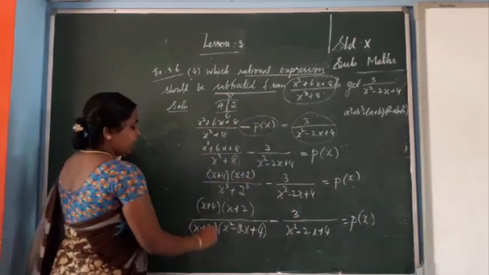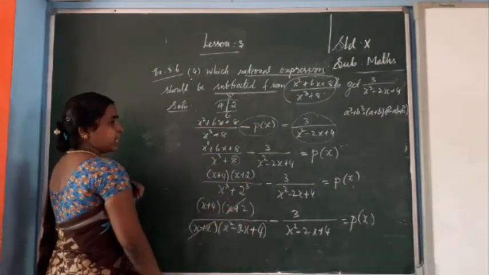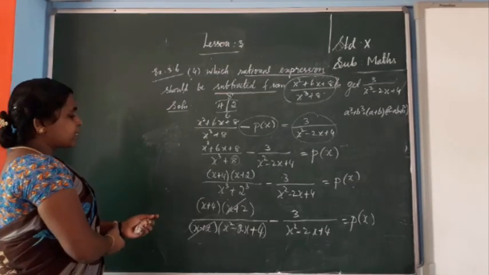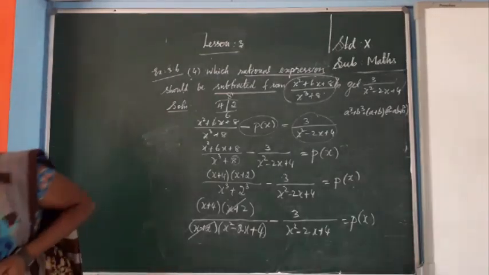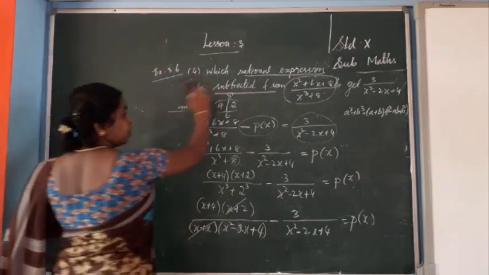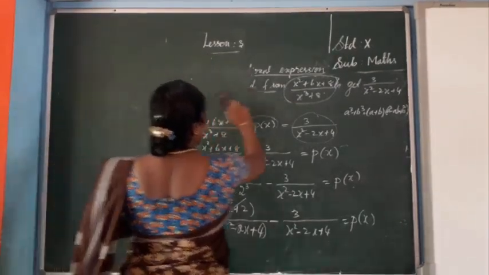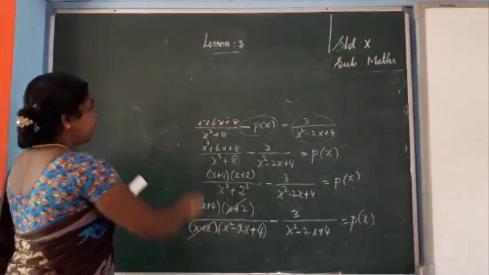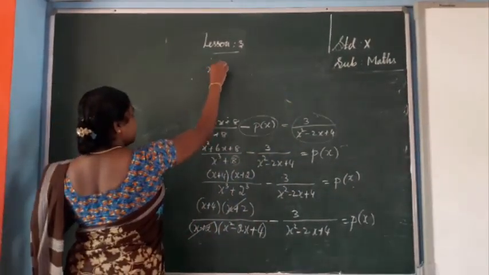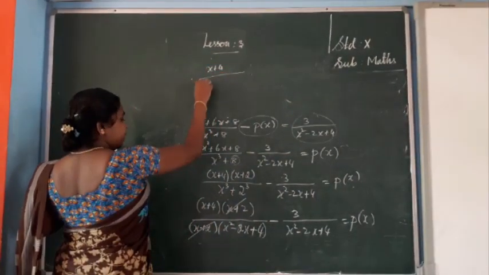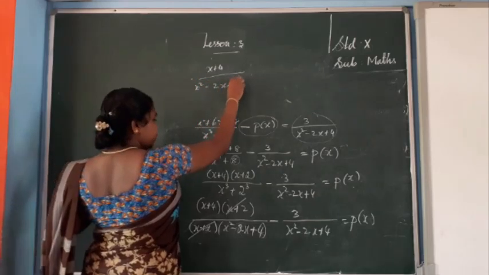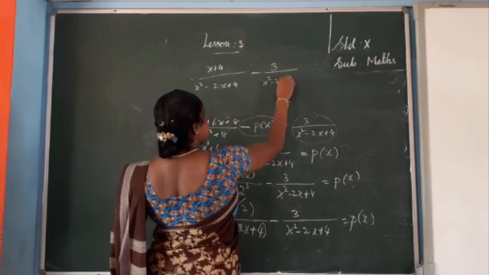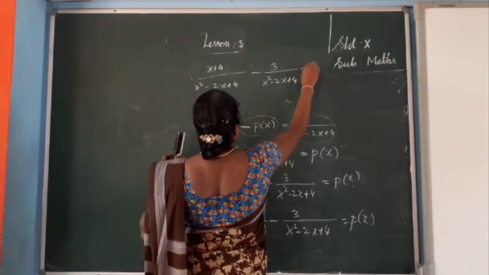Okay, next x plus 2 cancel. Remain what is here? X plus 4 by x square minus 2x plus 4. Okay, see x plus 4 by x square minus 2x plus 4 minus 3 by x square minus 2x plus 4 equal to p of x.